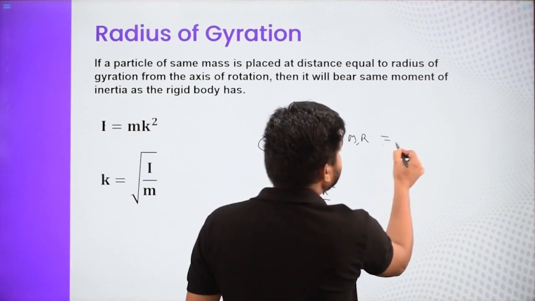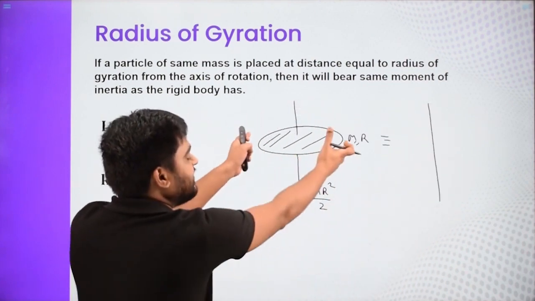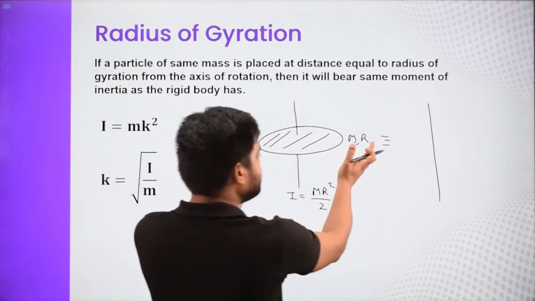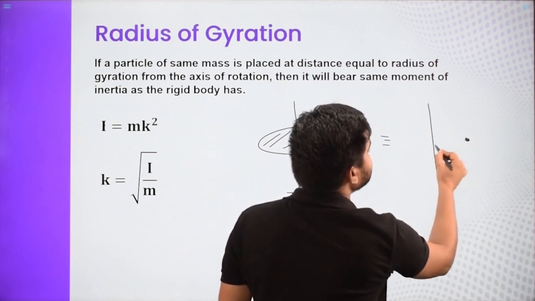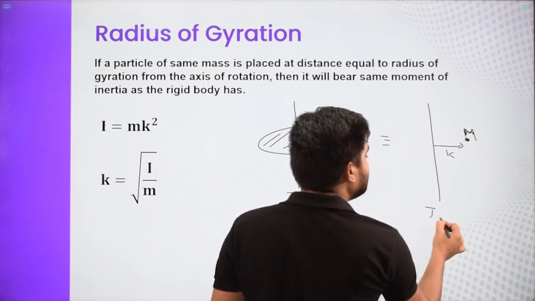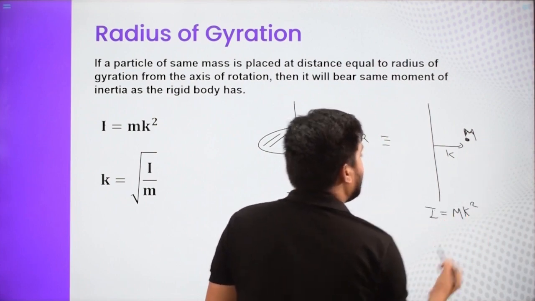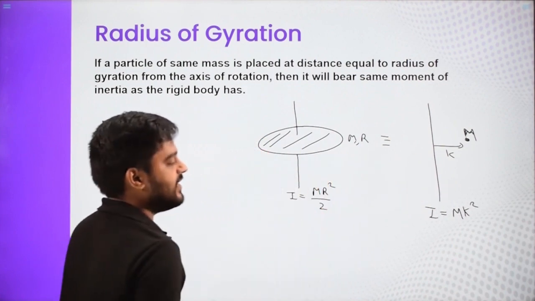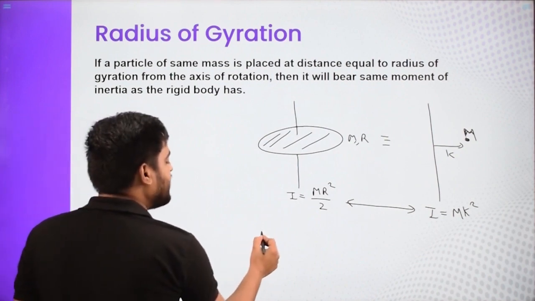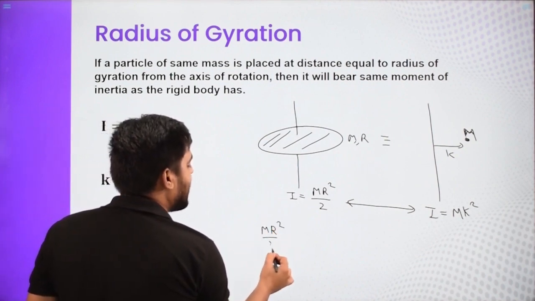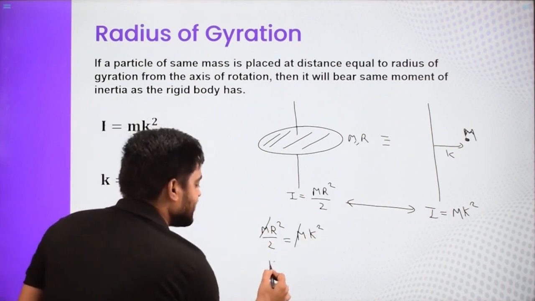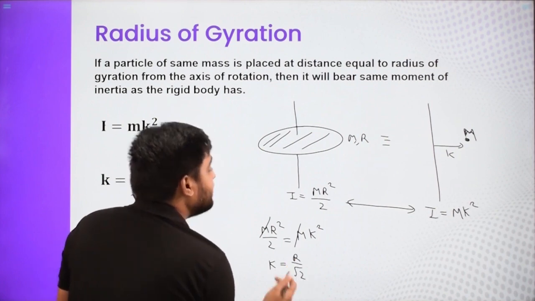That means for the same axis, if I take the entire mass and put it at some distance k, then the moment of inertia is mk square, and it should remain the same, so I can equate the two. So mr square by 2 equals mk square, and eventually this k is a distance that comes to be r by root 2 in this particular case.